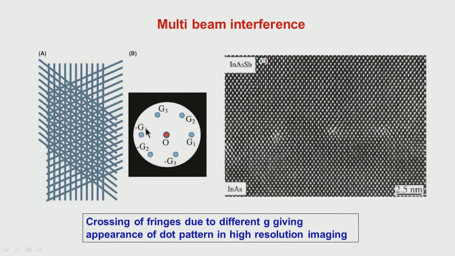When we use many beams, multiple beams, to interfere, then each beam will give rise to a fringe corresponding to each one of these diffracted vectors, and this gives rise to crossing of fringes due to different g's. This gives rise to an intensity fluctuation which looks similar to this, a dotty contrast, and this we can call atomic resolution.